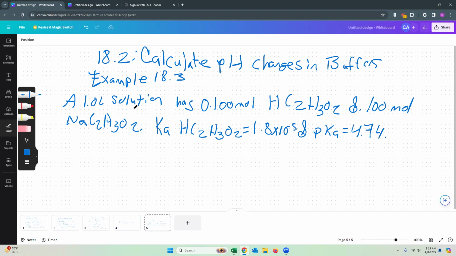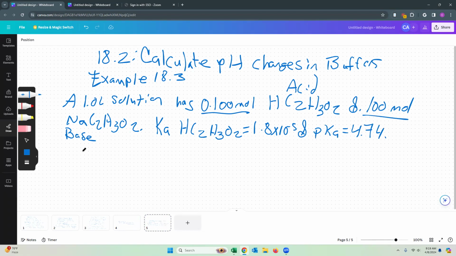So right now, let's just take a look. This is our acid, and this is our base. We have 0.100 moles of acid and 0.100 moles of base. So right now, our pH equals our pKa.